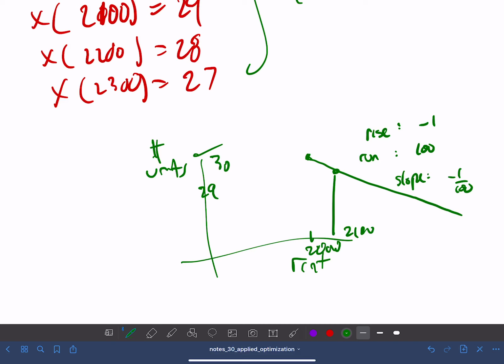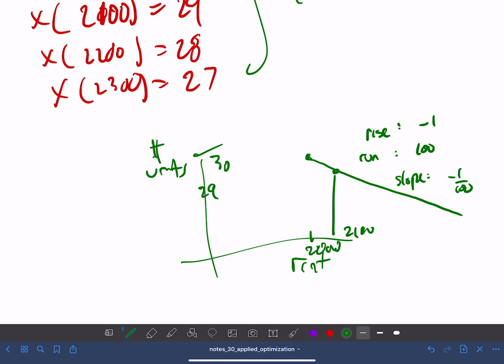It goes down 1 unit for every 100 the rent increases. All right, I've got a slope. I also happen to know a point on the line. That point is 2,000, 30.